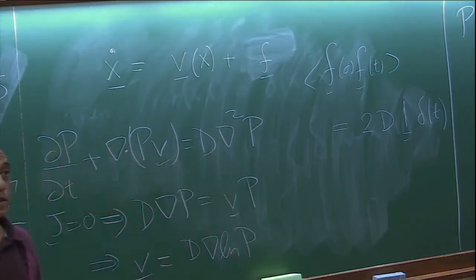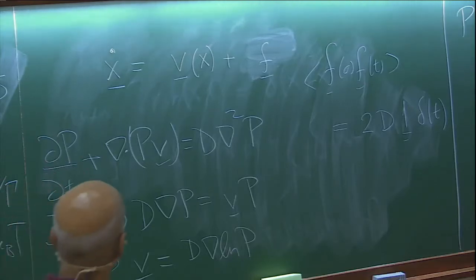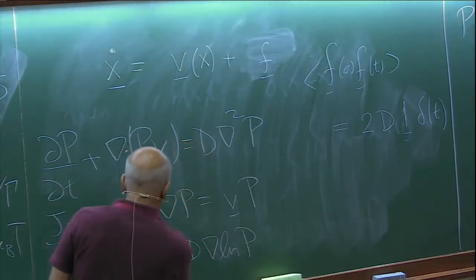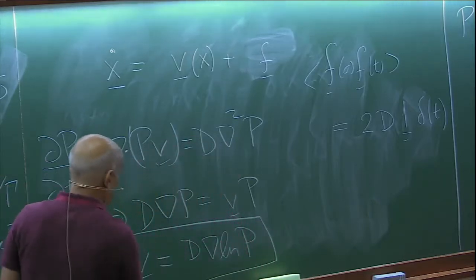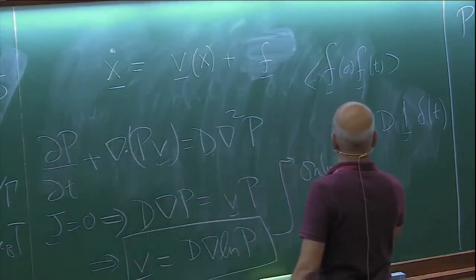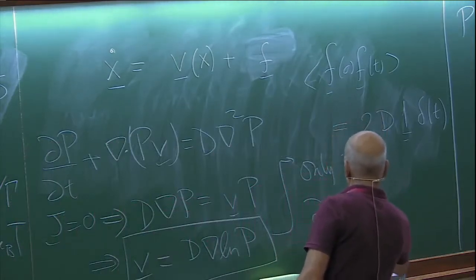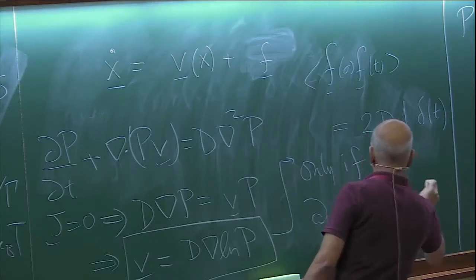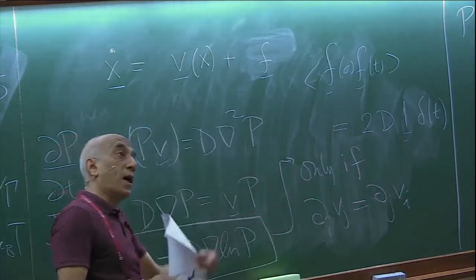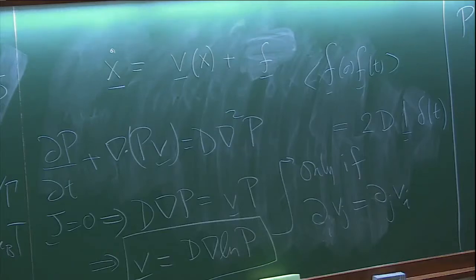So naively you might think, oh, piece of cake, you give me a stochastic process, I can always find a zero current solution. But you can't, not in general, because the vector field v has to be curl-free. So if somebody gives you an arbitrary vector field v, you can think of that as a particle moving with a velocity which is equal to v.